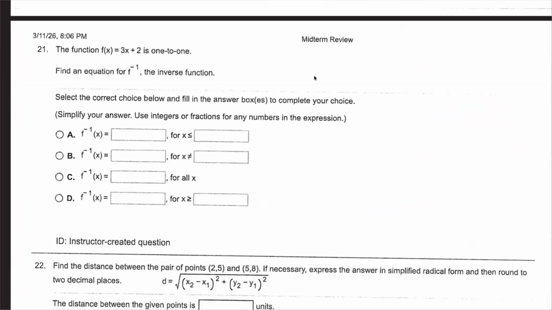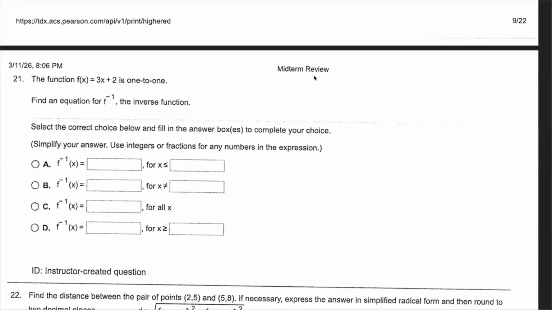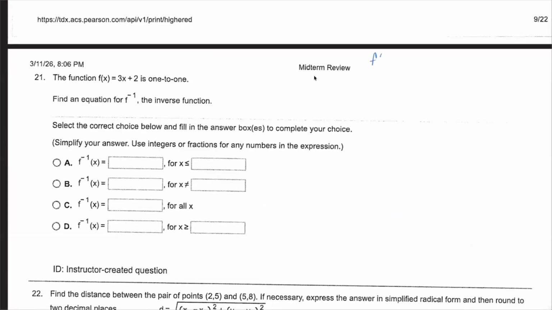All right, 21. This is a one-to-one function. Find f inverse. So we start out, change f of x to y. So y equals 3x plus 2.